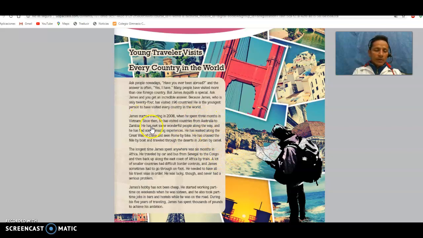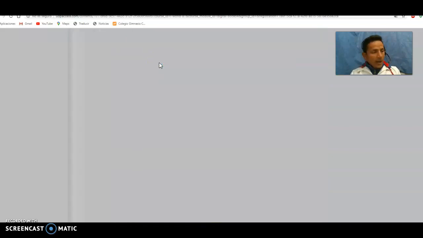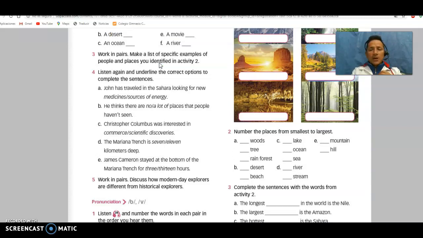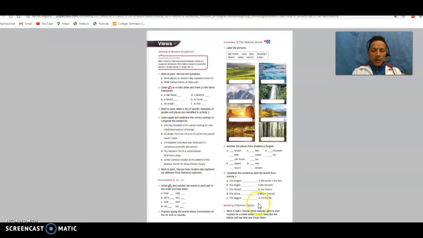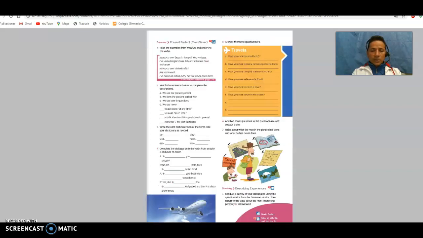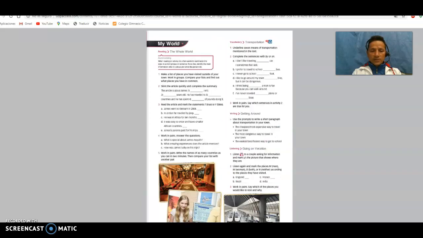Let me see if it is possible. Well, this is another page. It was different. Notice this, 79. It's about the comprehension.